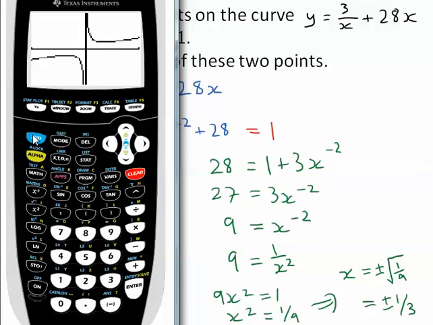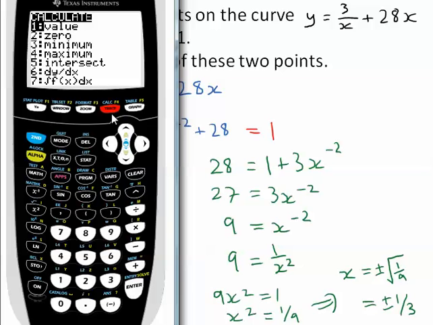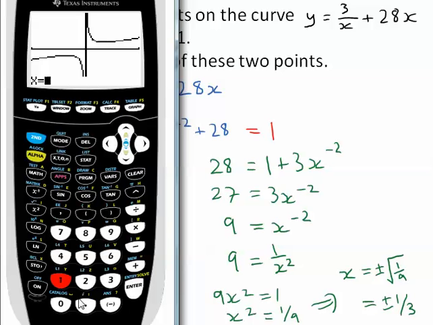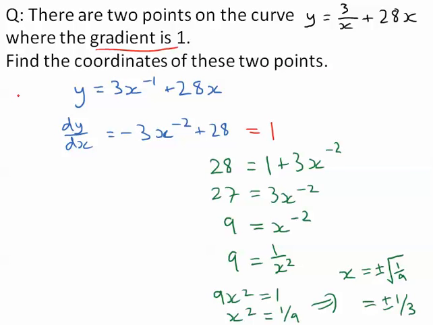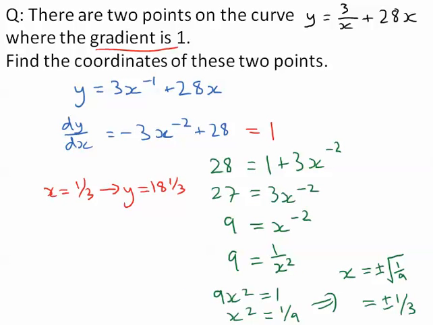And let's do it the calculator way. So we just go calc and then value. So when x is 1 over 3, let's see what the y value is. It says 18.33333. That means 18 1/3. So if we write this down, when x equals 1/3, y equals 18 1/3.